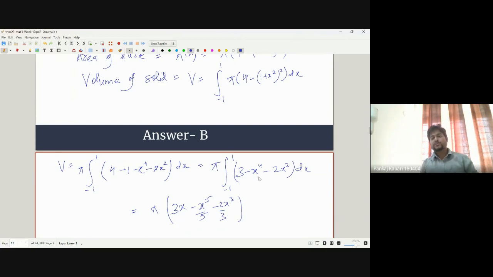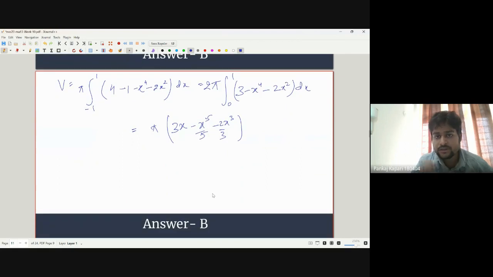If you replace x by minus x, the function will remain the same. So whenever you have an even function, you can take limits from 0 to 1 and take 2 times, because the integrand is an even function. Now with these limits, the volume will be 2 pi times 3 minus 1 by 5 minus 2 by 3.